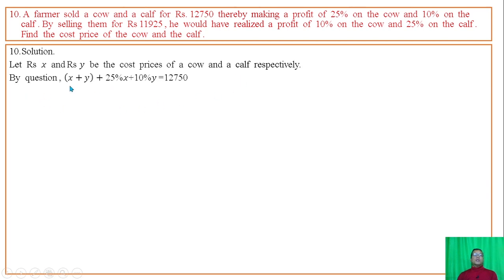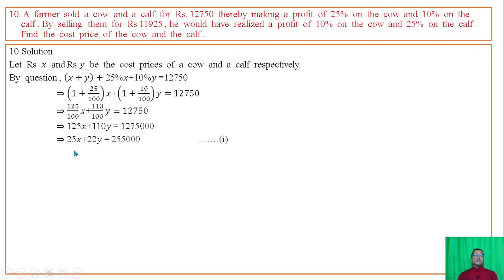By the question, the sum x plus y, with 25% of x profit on the cow and 10% of y profit on the calf, we get the selling price as 12,750. Solving this, we get an equation in x and y, which is equation 1.